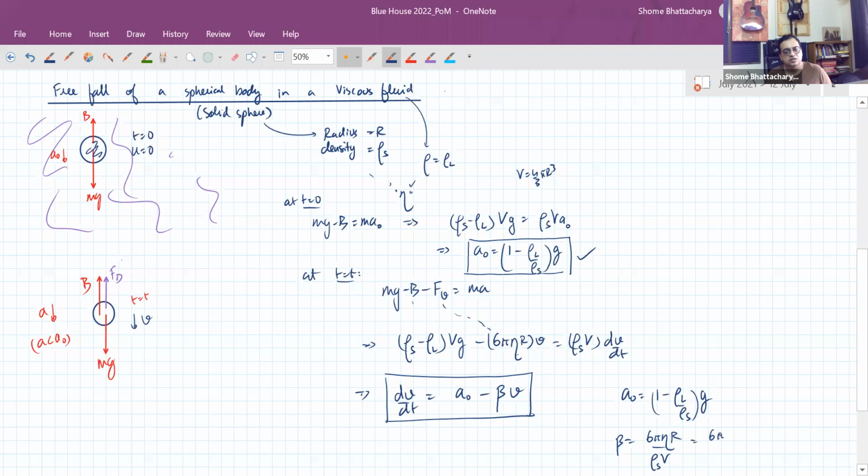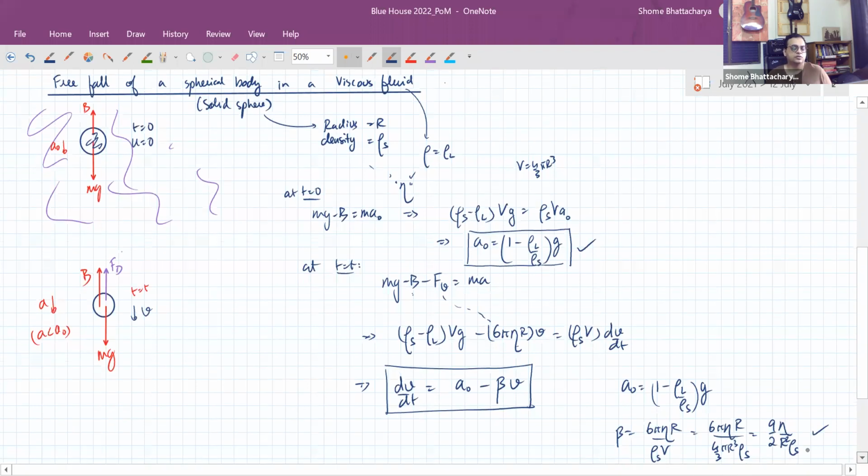So that will become 6 pi eta r divided by 4 by 3 pi r cube into density of solid. So as you can see, that will become 9 by 2 eta upon r square into density of solid. So this factor is like this, and this becomes our important equation.